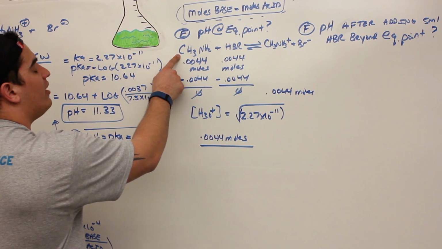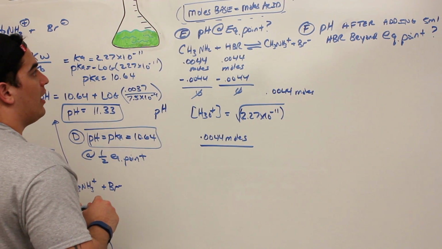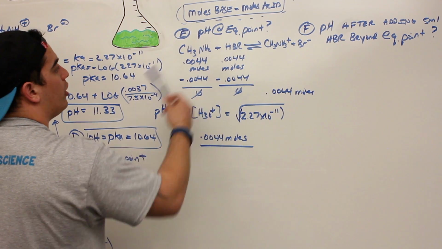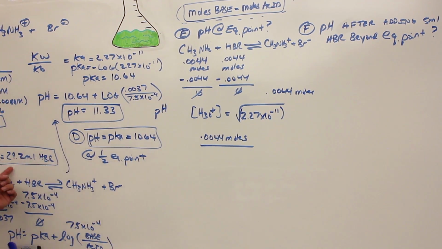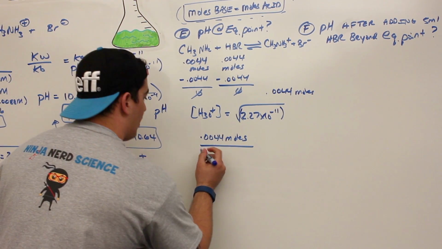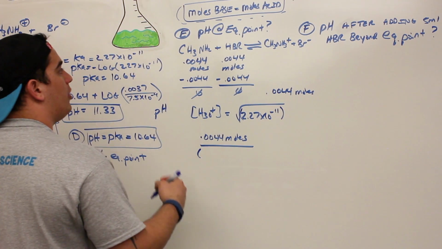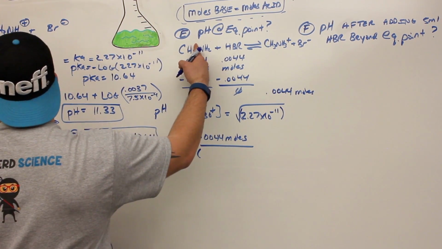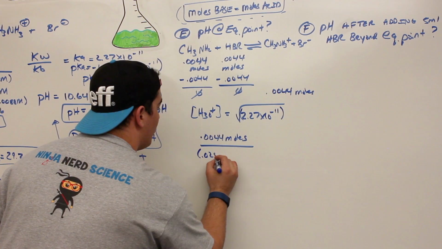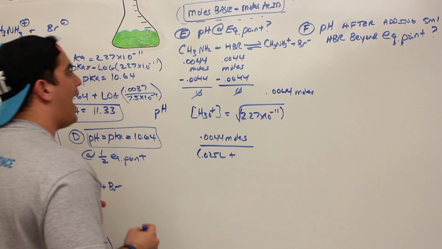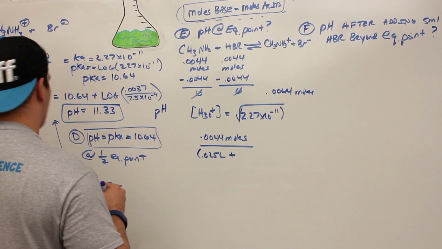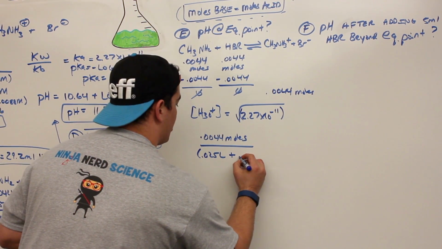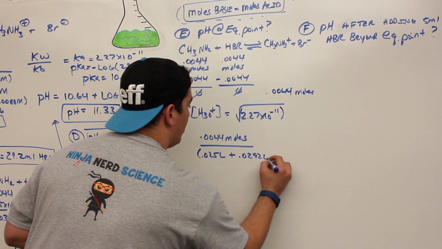What did I have previously? Previously I had 25 milliliters of this. Then I had to add the volume to get me to the equivalence point. What was the volume it took to get to the equivalence point? It was 29.2 milliliters. So down here, I should have the volume that I started with, which was 25 mils, so 0.025 liters. And I'm going to add that to the volume of HBr it took to get to the equivalence point, which was 29.2, so it's 0.0292 liters.